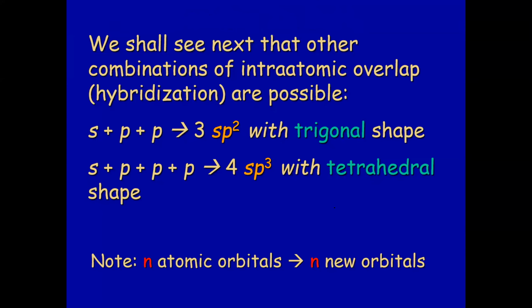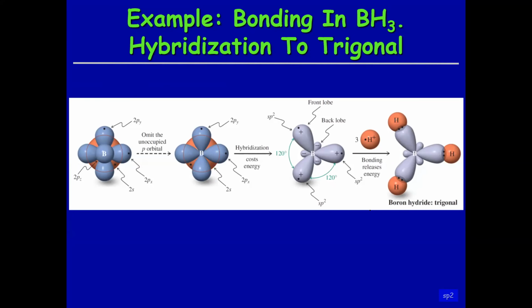Now, there are other combinations that are possible. You do not just have to mix an s and a p. You can mix an s and two p's, and an s and three p's, to give trigonal shapes and tetrahedral shapes. So if you have boron trihydride, you have two p orbitals, you have one s orbital, and you'll end up getting this mix here.